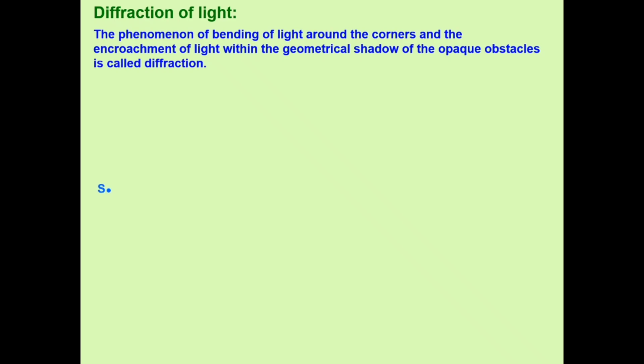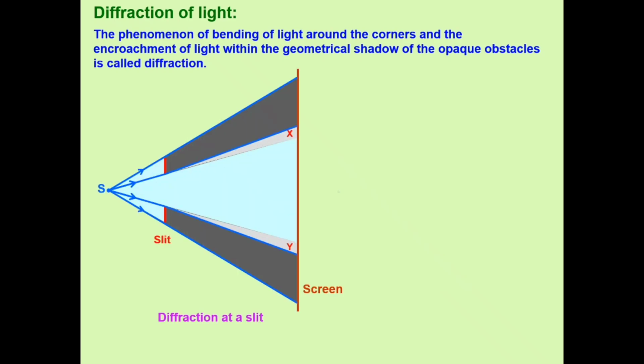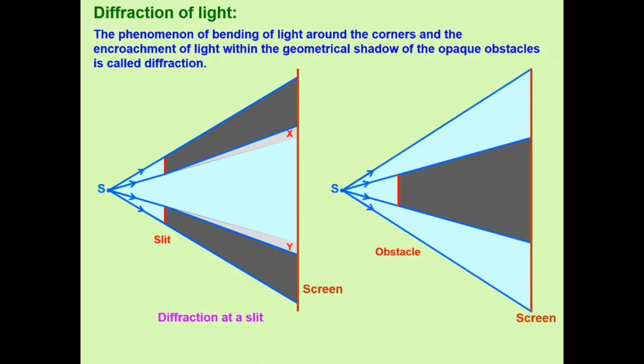Definition of diffraction of light: the phenomenon of bending of light around the corners and encroachment of light within the geometrical shadow of an opaque obstacle is called diffraction.